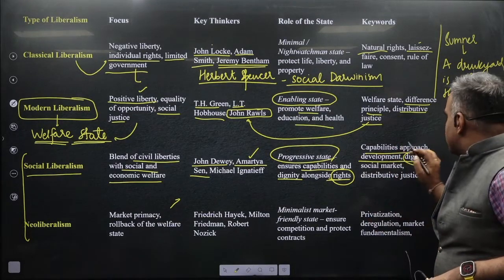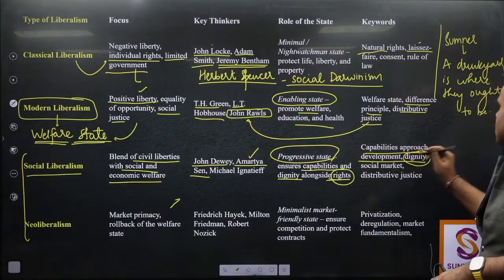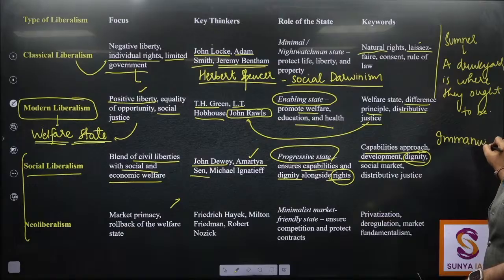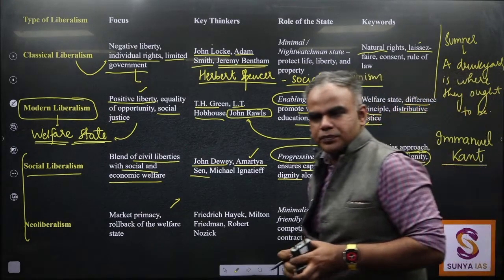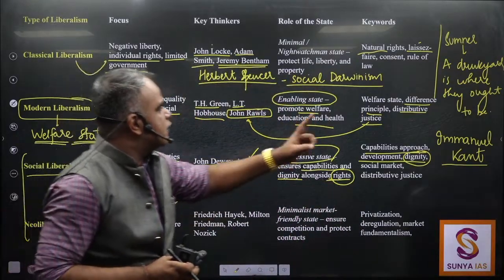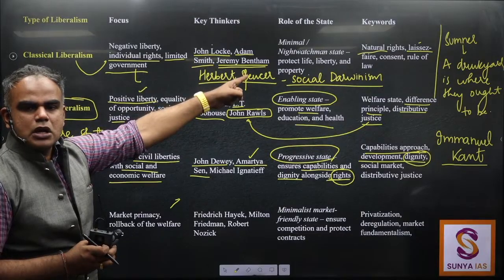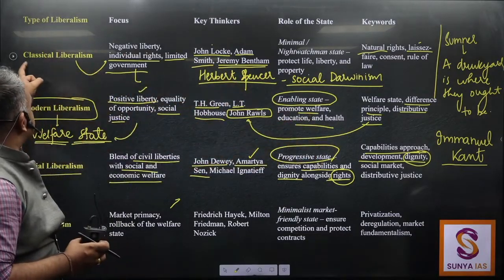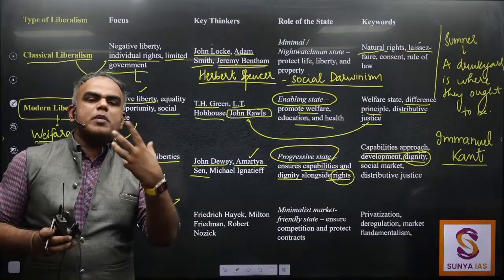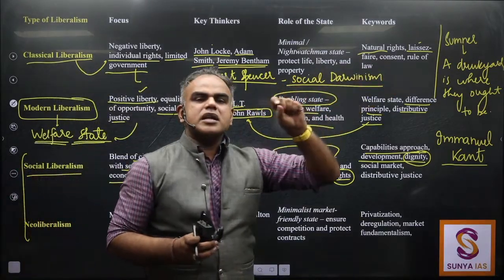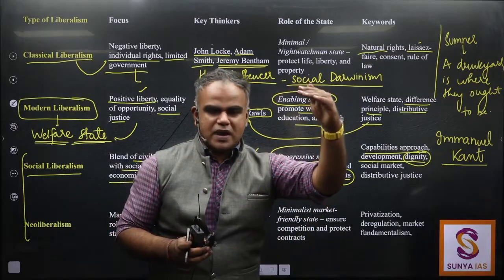Now, whenever you see the term human dignity, also remember Immanuel Kant. You also read about Kant in your ethics. Kant will be one of the staunch critics of utilitarianism. He will be a staunch critic of classical liberals, because the moment you say greatest good for the greatest number, the moment you say a drunkard is where they ought to be, you are simply justifying the inequalities.